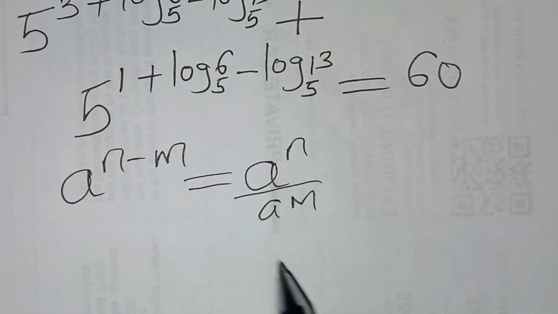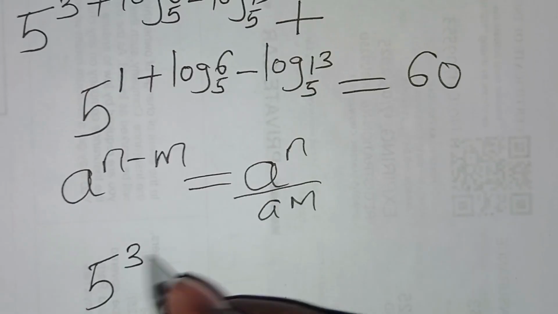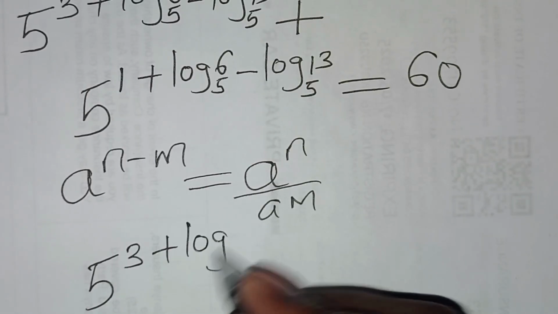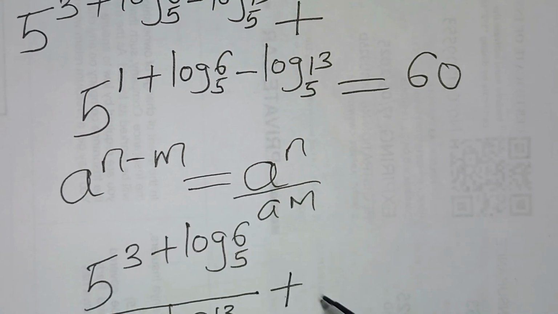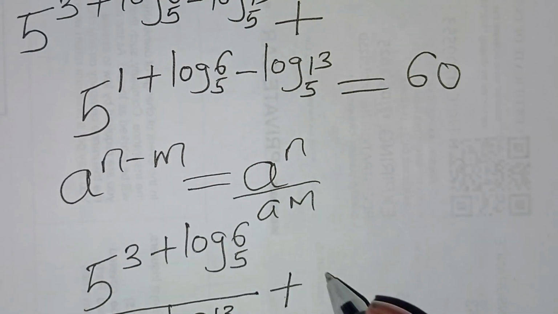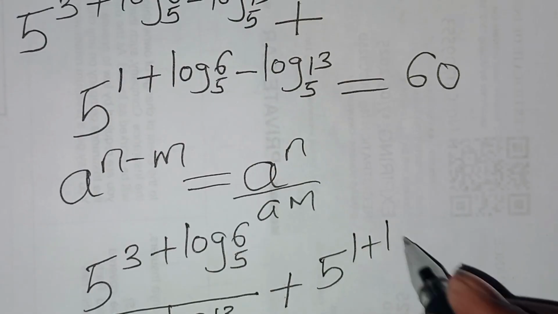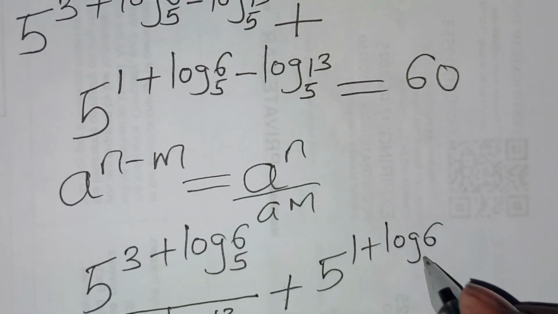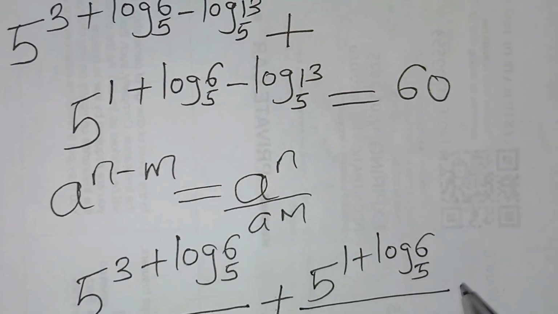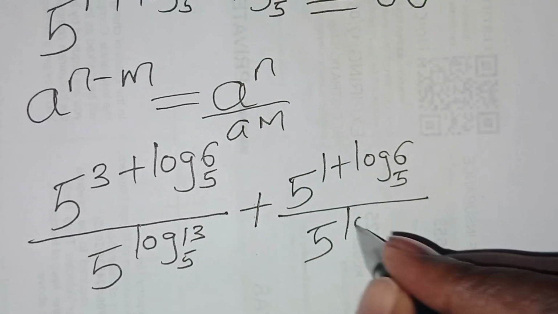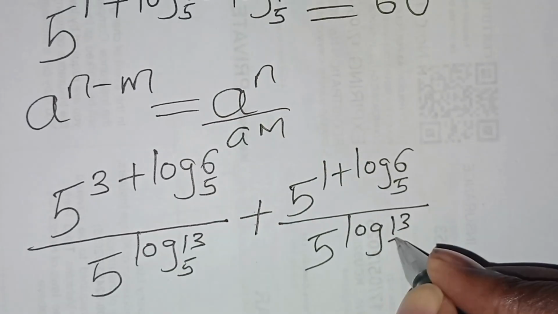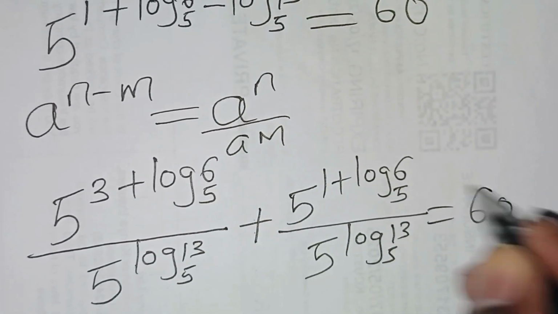Applying this exponent property, we'll have 5 to power 3 plus log 6 to base 5 divided by 5 to power log 13 to base 5, plus 5 to power 1 plus log 6 to base 5 divided by 5 to power log 13 to base 5. This should give us a value of 60.